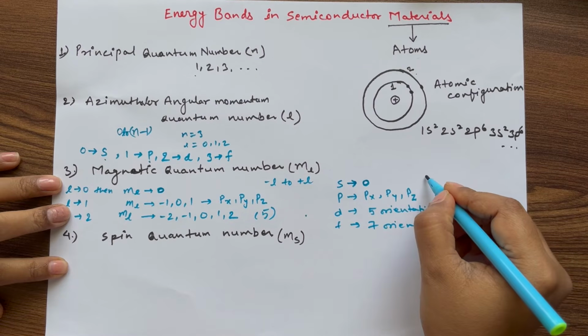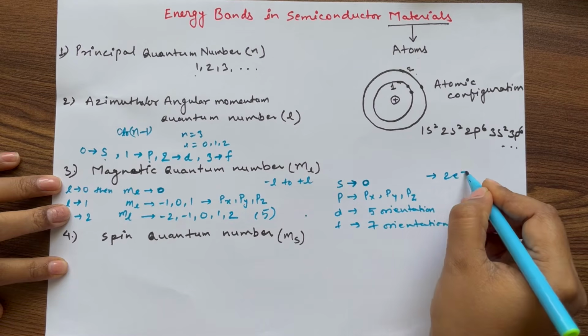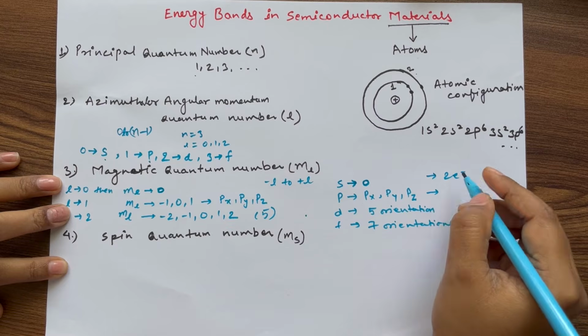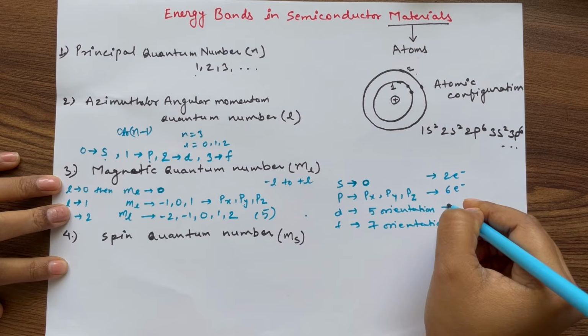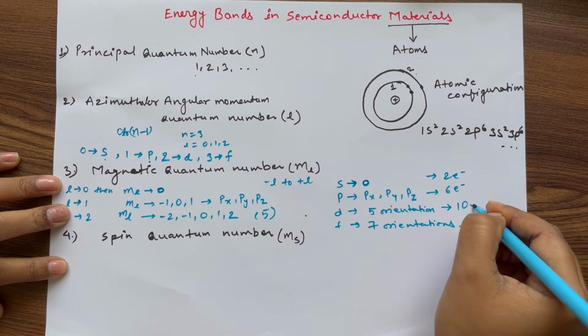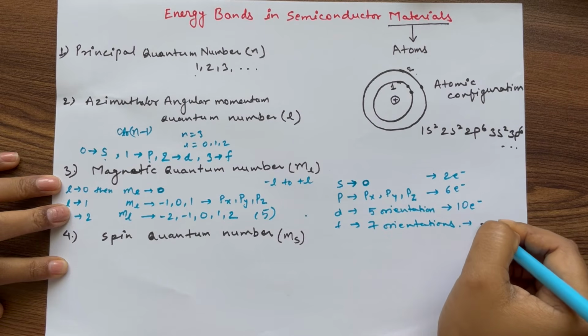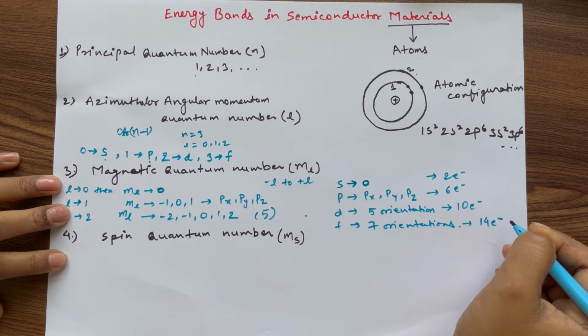The s orbital can hold up to 2 electrons. The p orbital can hold up to 6 electrons. The d orbital can hold up to 10 electrons, and the f orbital can hold up to 14 electrons.